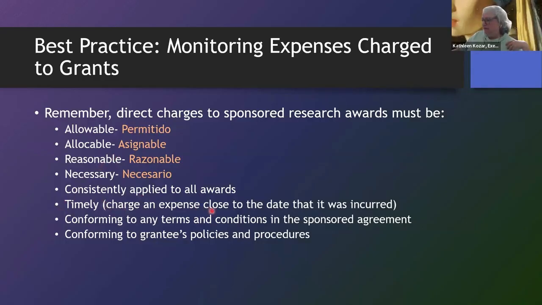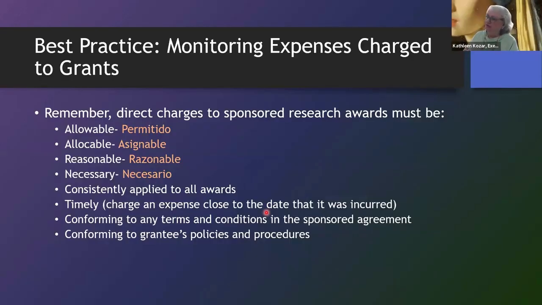Costs should be timely. So you should charge an expense close to the date that it was incurred. This is particularly important for travel. Travel should be reconciled very soon after the trip has been completed. And actually at Tulane, the policy is that anyone who travels, whether it's on university funds or sponsored projects funds, they have 30 days after they return from the trip to reconcile and put their expenses through the system.